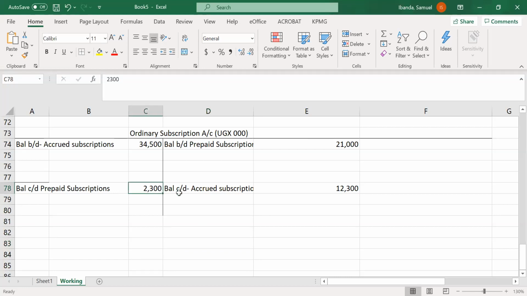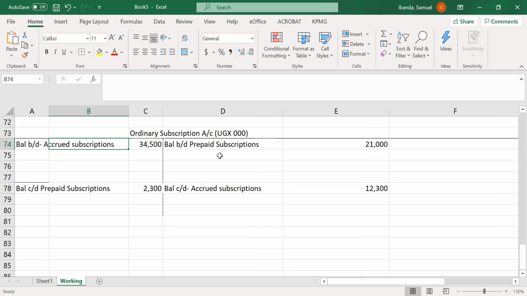So after I've put the 2,300, what I'm going to basically do is now look at what increases and what decreases, because I've written the balances. Okay. So ask yourself, what increases prepaid subscriptions?